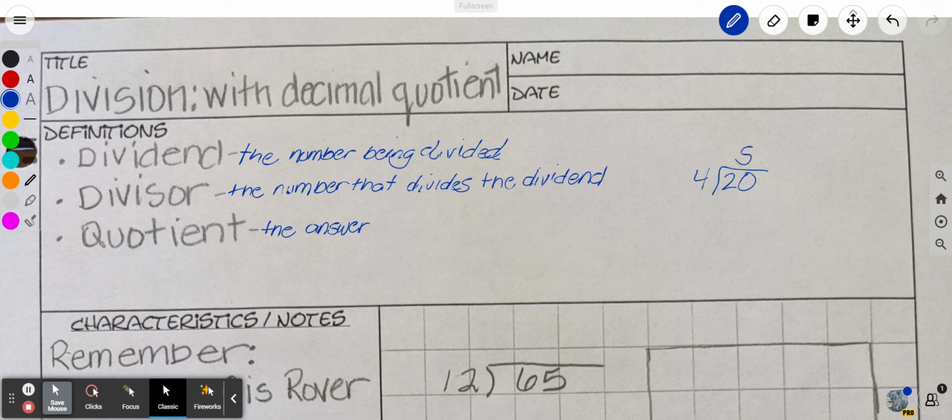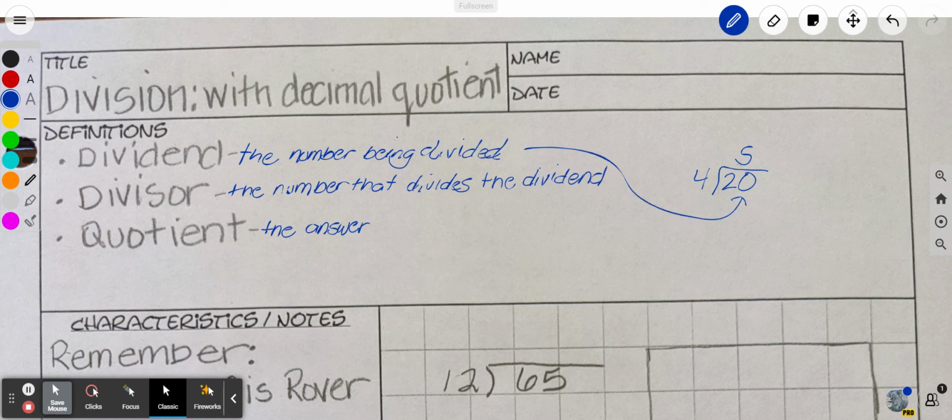I want you to pause the video for a minute and see if you can draw a line from each of these terms to the part of the problem it is. Go ahead and pause. So you should have understood that a dividend, the number being divided, is 20.